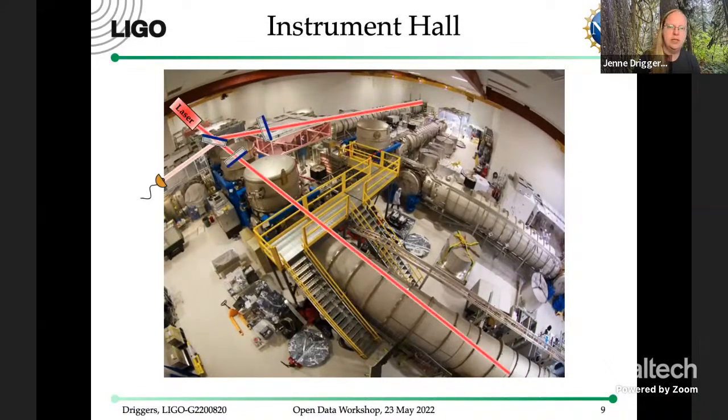And here I overlay a cartoon of our main laser is in this corner of the room. We've got our main beam splitter not so far from the laser. The beam splitter indeed splits the light about half and half, going through to these arm cavities.